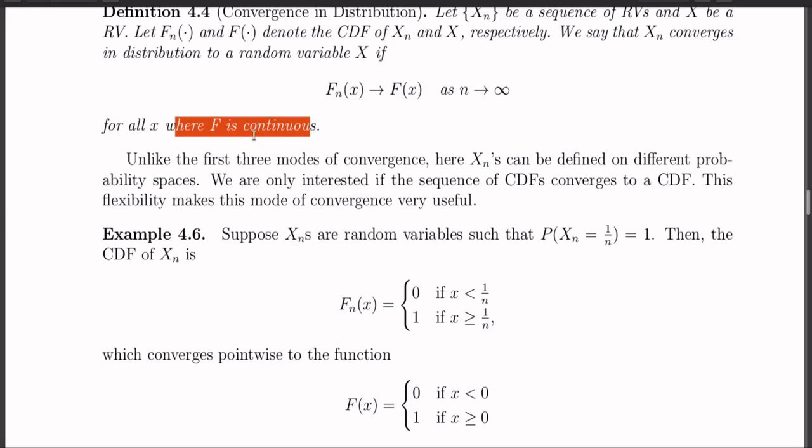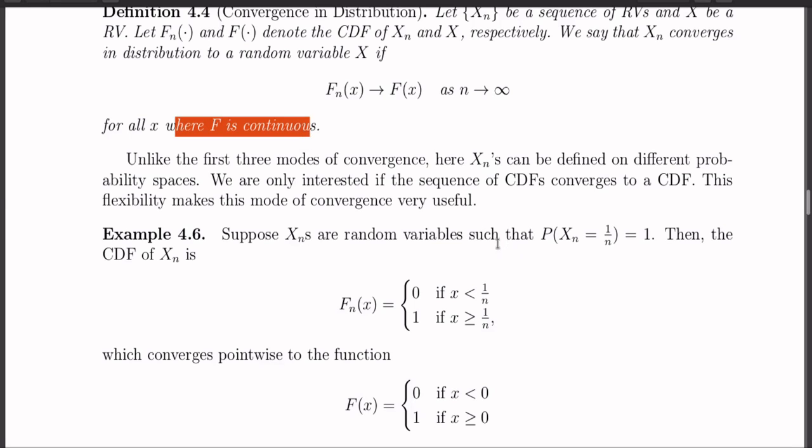But if I keep this condition here, then at the point 0 I do not need to check, and everywhere except the point 0 this function is continuous, and for every point where x is not equal to 0, this sequence of functions converges to this function pointwise. And that's why this condition is kept here.